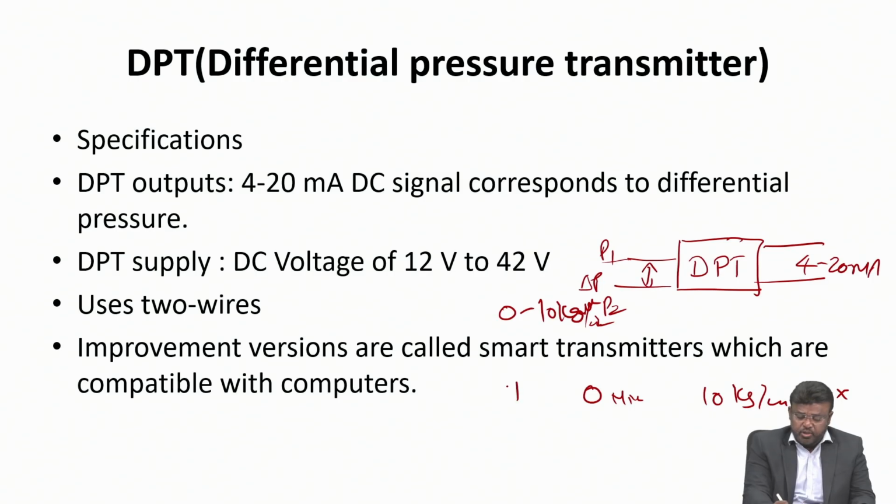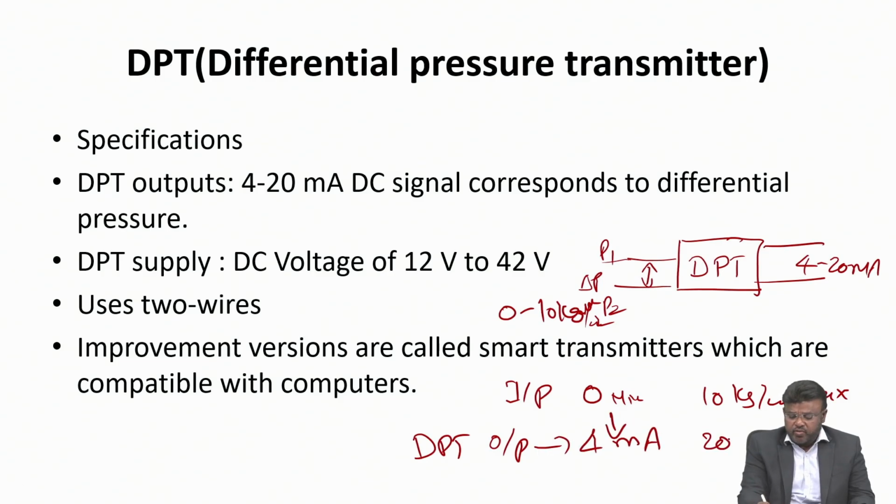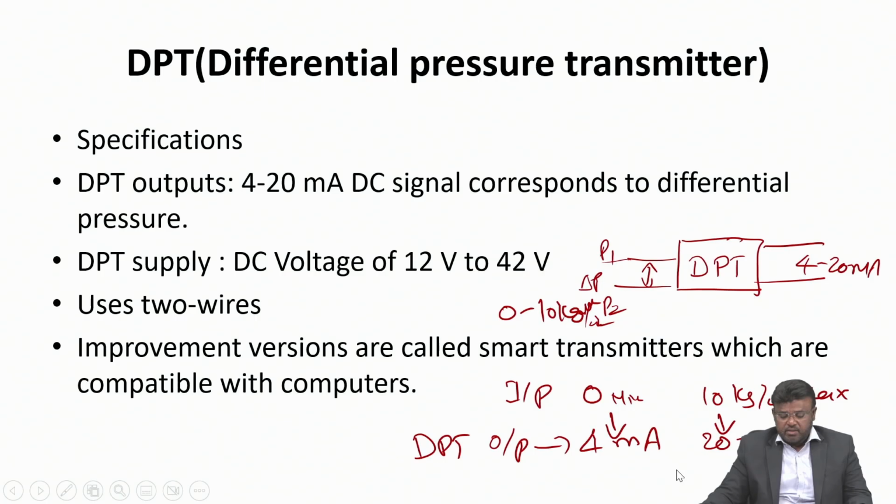Corresponding to this input, the output of the DPT must be 4 milliamperes corresponding to 0 and 20 milliamperes corresponding to 10. That means full range.